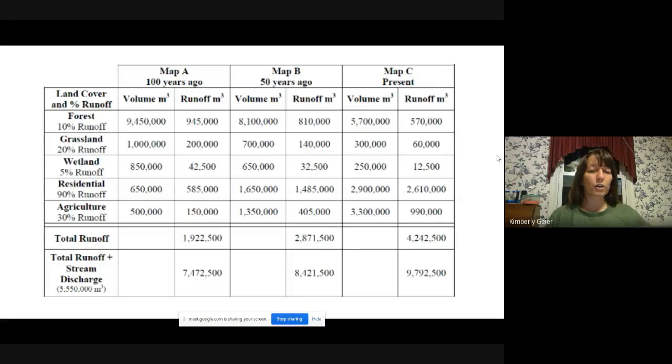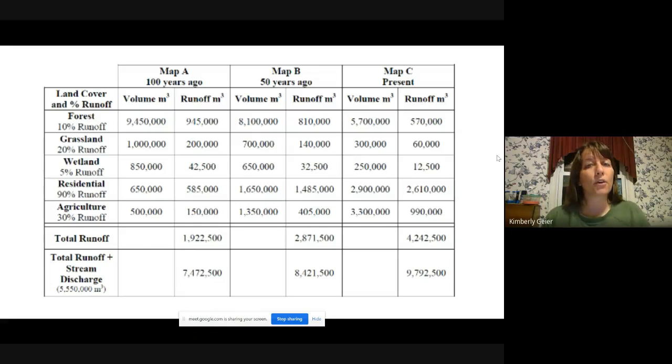In our next table, which is already filled in on page 221 in your book, we've taken this 18 million cubic meters of water, and based on how much forest and how much grassland and how much wetland and how much residential and how much agriculture, it has been spread out so that each gets the appropriate amount of water just by dividing it by its percentage.